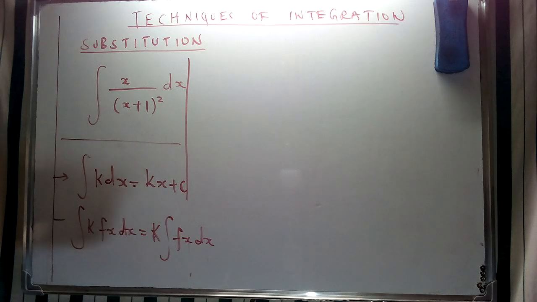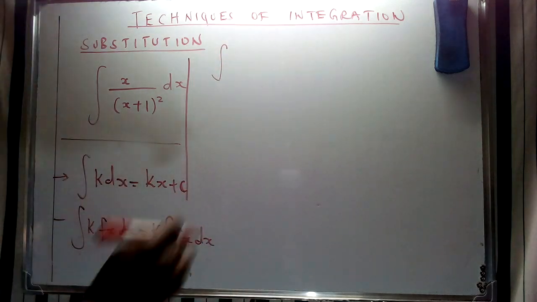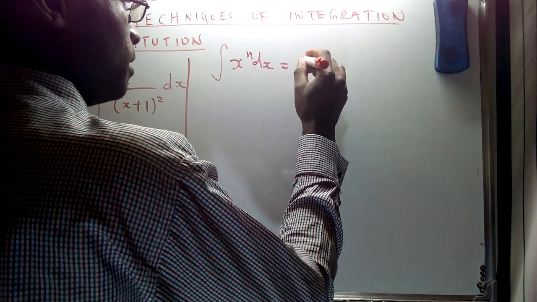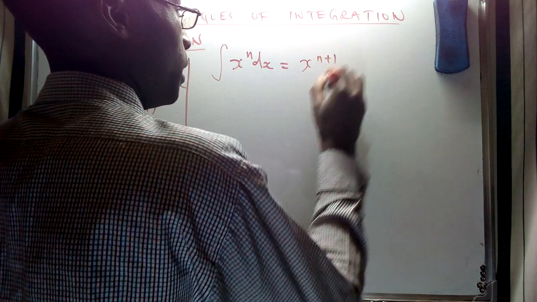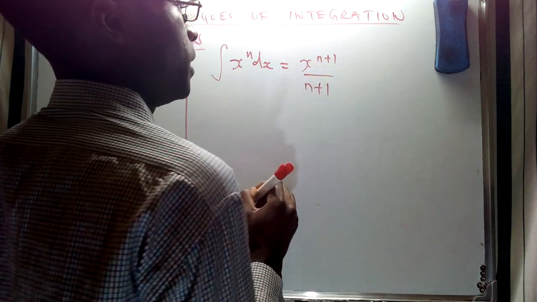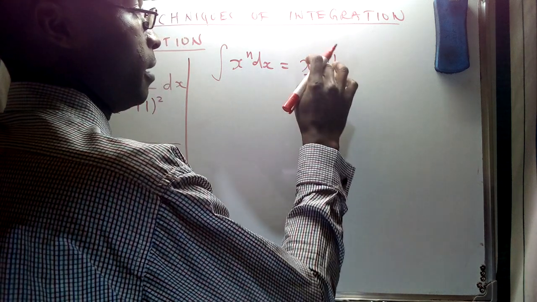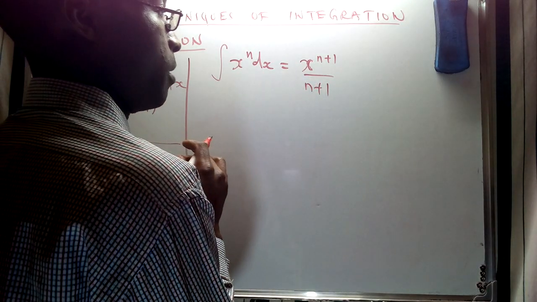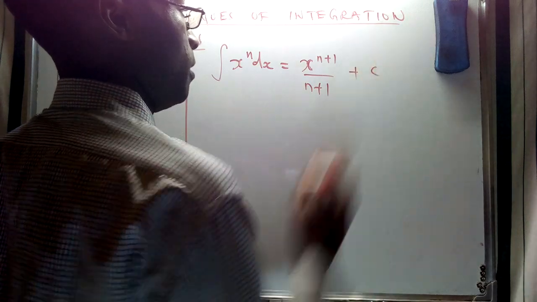And then we talked about the power rule for integration, whereby if we are given the integral of x to the power n dx, this is going to be x to the power n plus 1 over n plus 1, which implies that we raise the exponent by adding a unit and then use that as the denominator for this expression, and then we add the constant c.